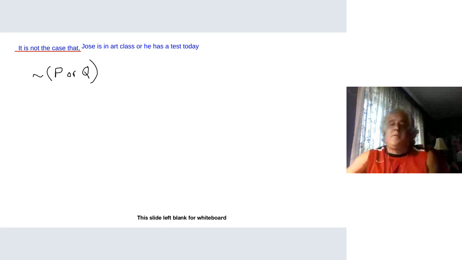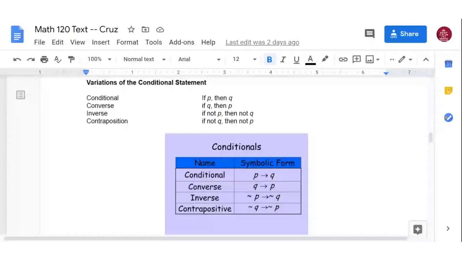I've got it written two different ways. I like this one better, but the conditional is just the basic conditional statement, if P then Q. The converse is when you swap them around and say, if Q then P. The inverse is if not P, then not Q. And the contrapositive is doing both. If not Q, then not P. And the conditional and contrapositive are equivalent statements.